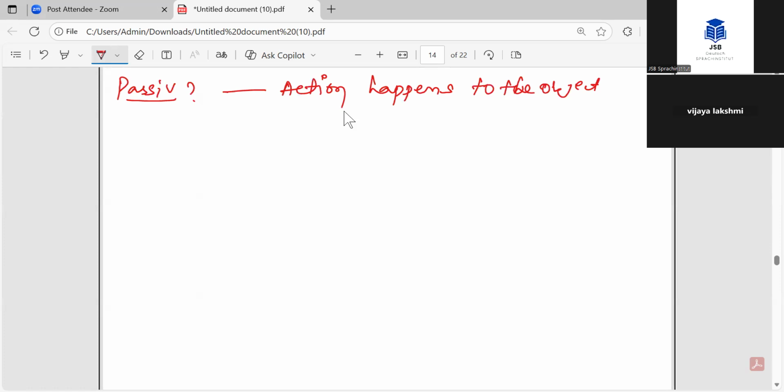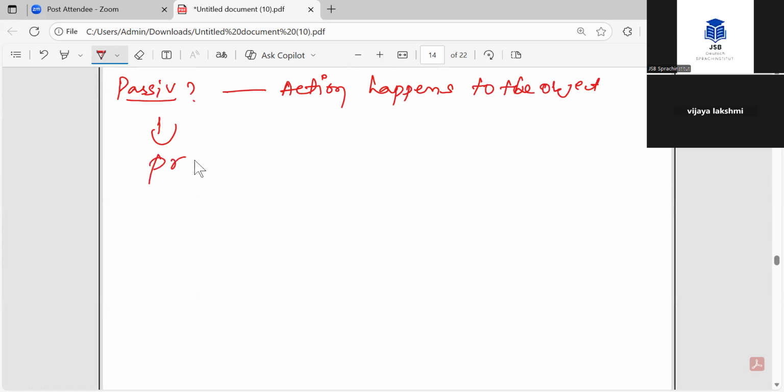No, not on who did it, but only focus on the action. Clear? So passive formation: present and preterite forms we can use for passive. The action happens. Structure: object, verb, participle.